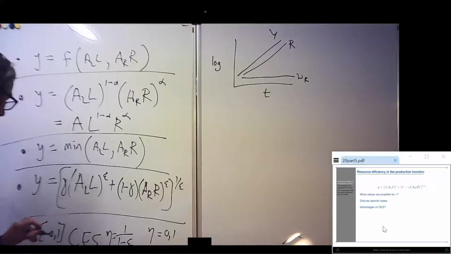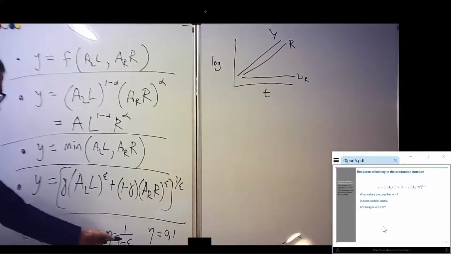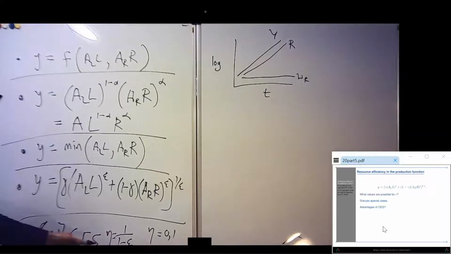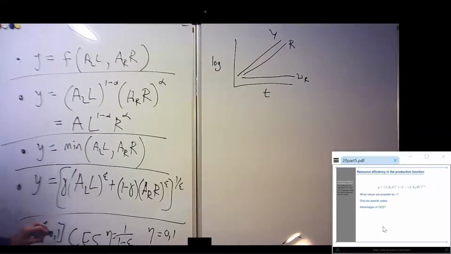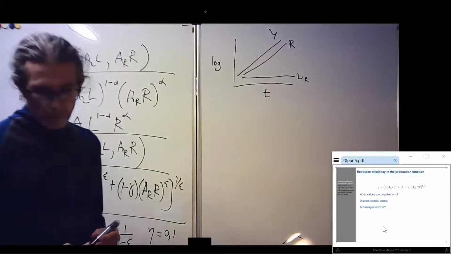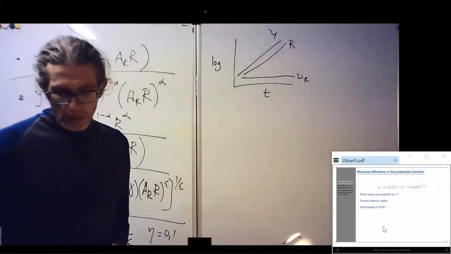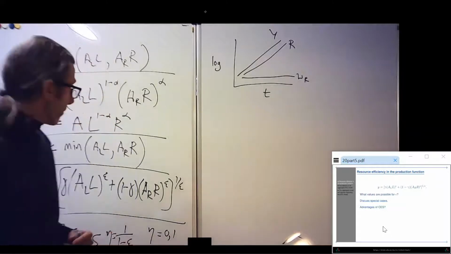Sorry, I'm making a mess of this. That shouldn't be closed, whatever. Epsilon could go down to -infinity, in which case eta goes to 0, and it could be as high as 1, in which case eta goes to infinity. This is perfect substitutes, a linear production function. Epsilon at -infinity is Leontief. Epsilon 0 is Cobb-Douglas. Those are the special cases.